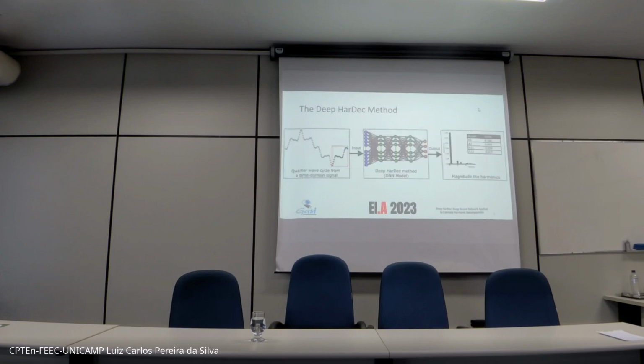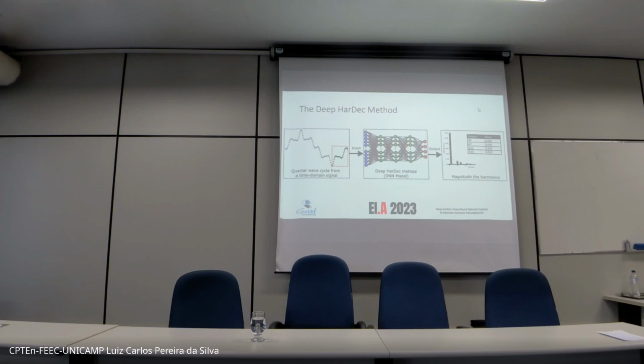The Deep HarDec method is shown in this slide. The workflow shows that the input of the deep neural network, the Deep HarDec method, is a quarter of a wave cycle from a time domain signal. This wave cycle has 64 sampling points, which means that the sampling frequency is 15.36 kilohertz.